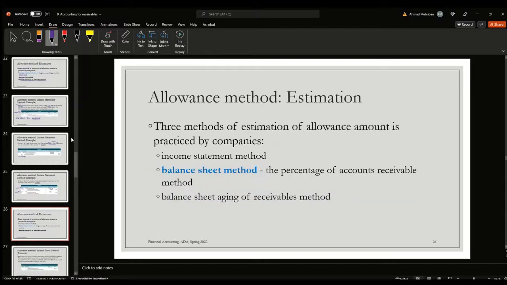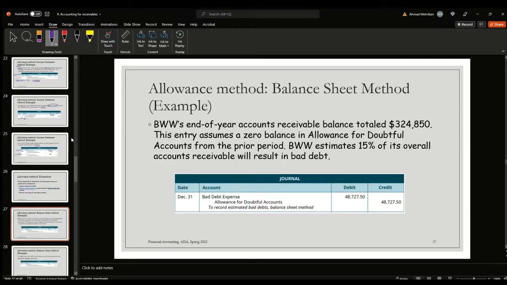Now let's move on to the second method, which is the balance sheet method. This is a percentage of accounts receivable, which we can see in the balance sheet. We don't see it on the income statement. We can see it only in the balance sheet financial statement. Here's our example. For this retailer, at year end, accounts receivable on our balance sheet shows 324,850.